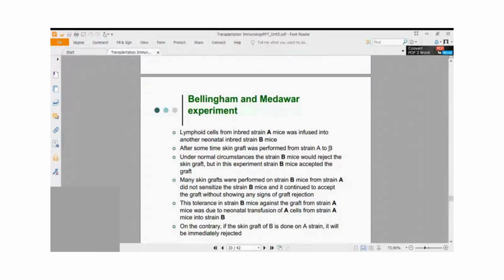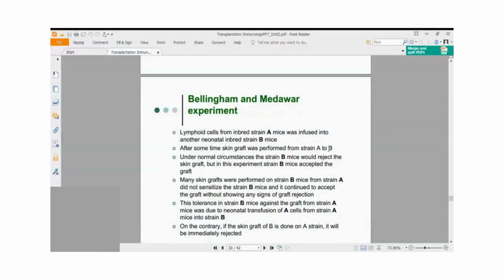There was no immunity against A. Okay, the B mouse had developed tolerance to the antigens of A strain, and the graft was accepted. The reason being, A strain mouse antigens were exposed to B strain in the neonatal stage. They were transfused. Therefore, the B strain had developed tolerance to all the antigens of A strain.